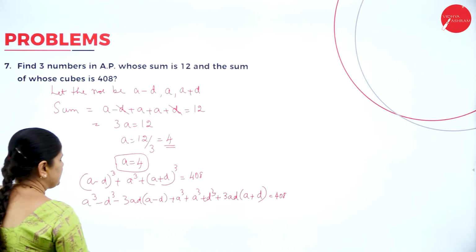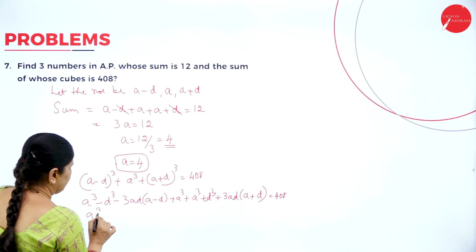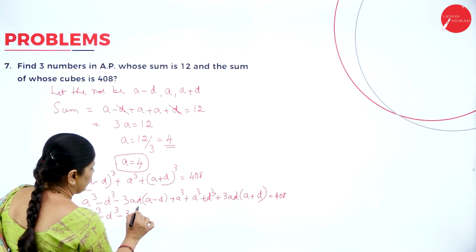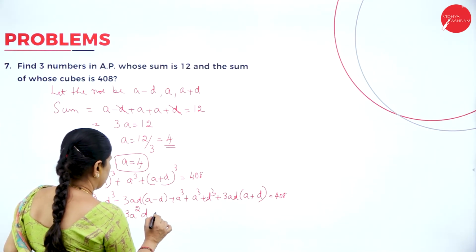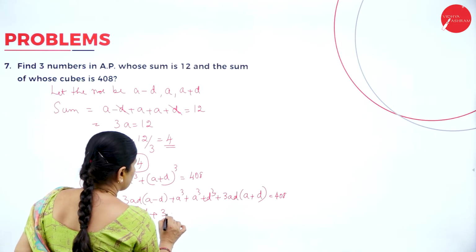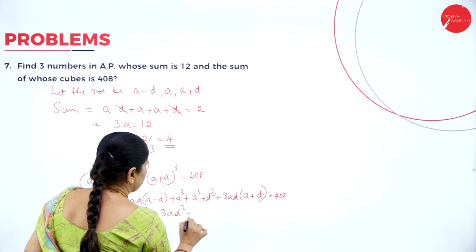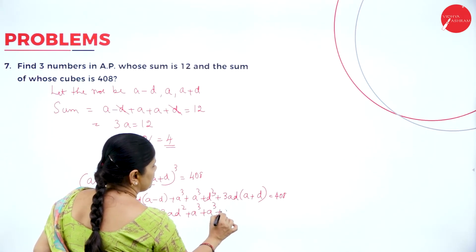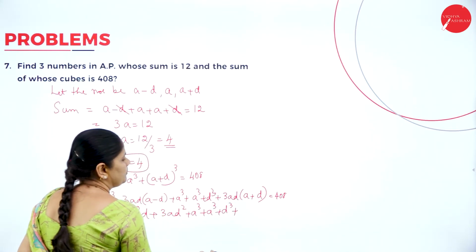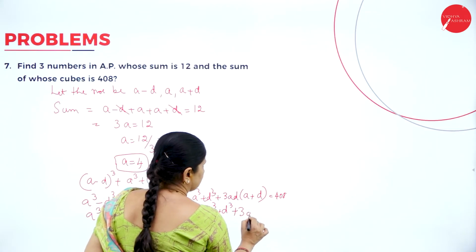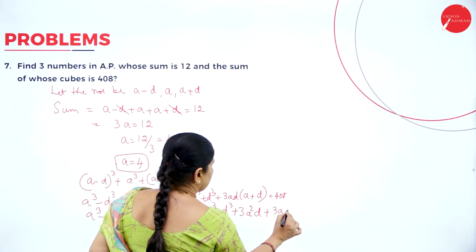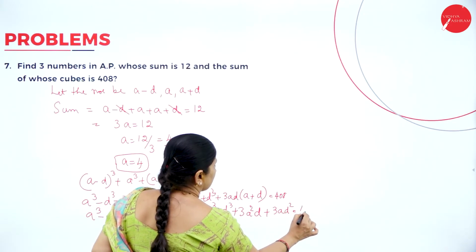When I simplify this, I get a cube minus d cube minus 3a square d plus 3ad square plus a cube plus a cube plus d cube plus 3a square d plus 3ad square equals 408.